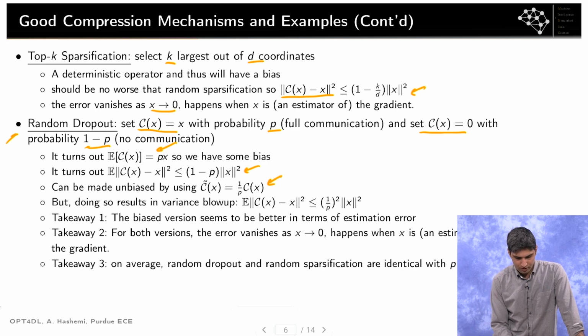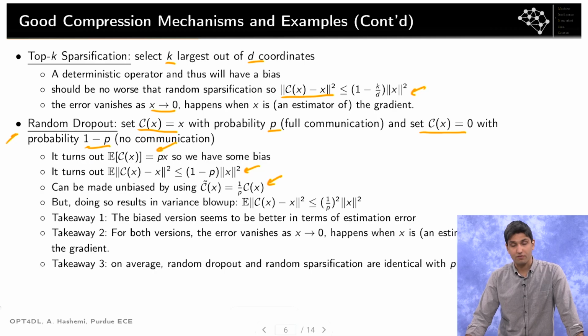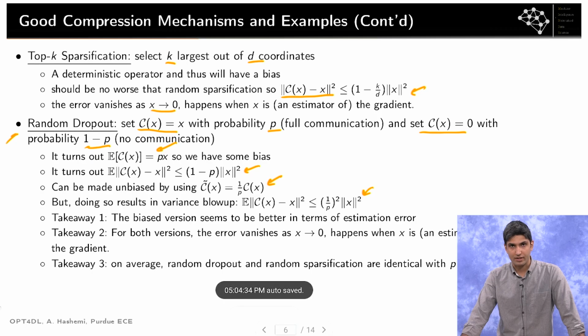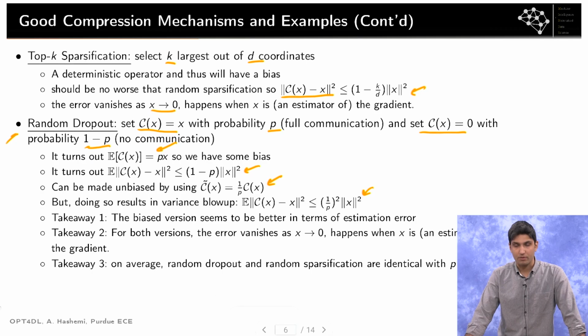So I can define this new compression mechanism, which is 1 over P times random dropout, and this will be an unbiased compression mechanism. But like before, the consequence is that the variance is going to go up significantly, by a factor of 1 over P squared. So again, it seems that the biased version is better in terms of the total compression error compared to the unbiased one.